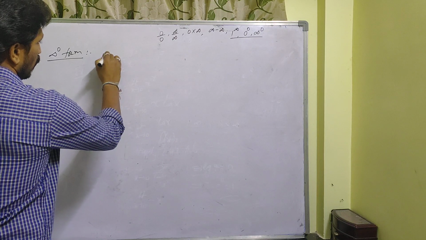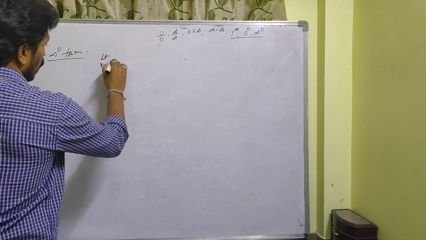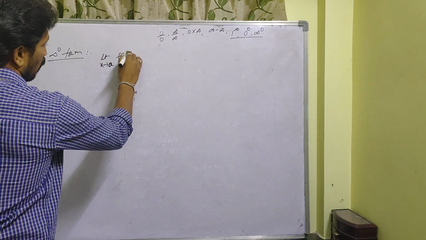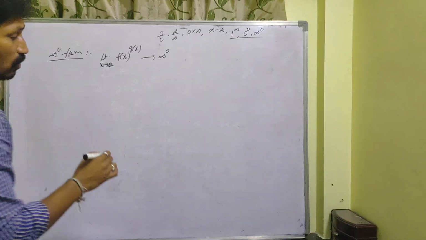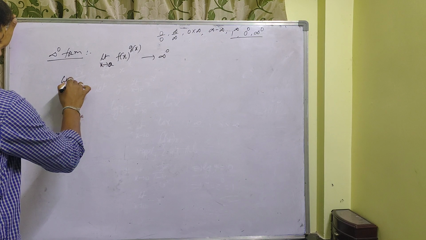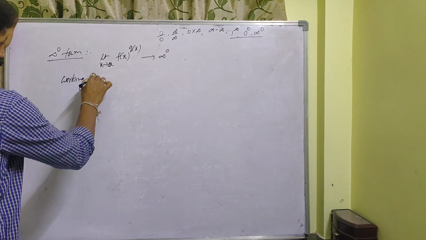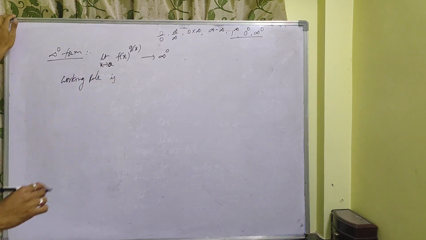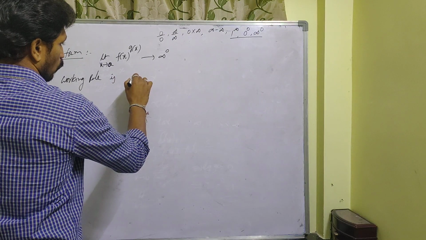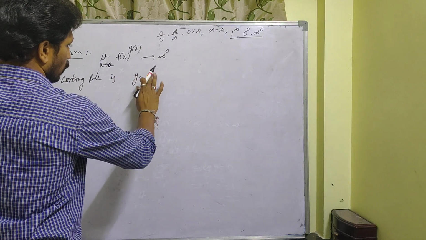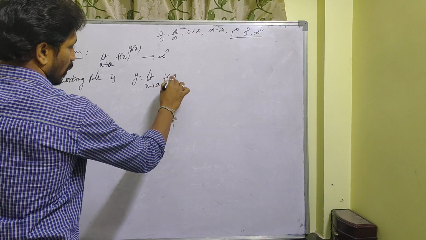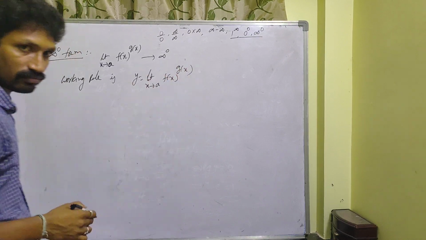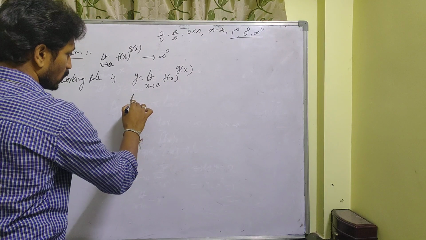If limit x tends to a, f of x power g of x tends to infinite power 0, then the working rule is: take y equal to the same limit x tends to a, f of x power g of x, and apply log on both sides.